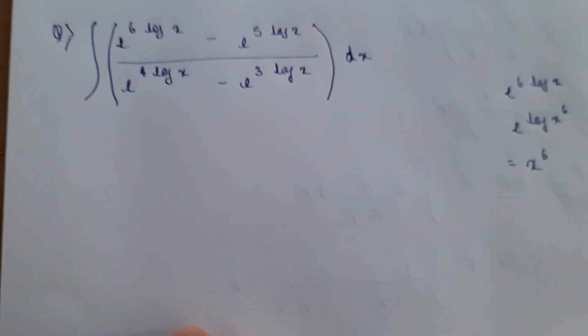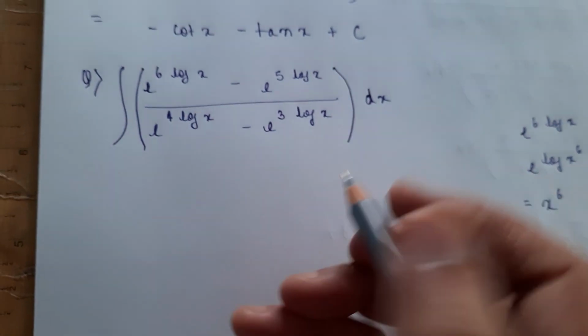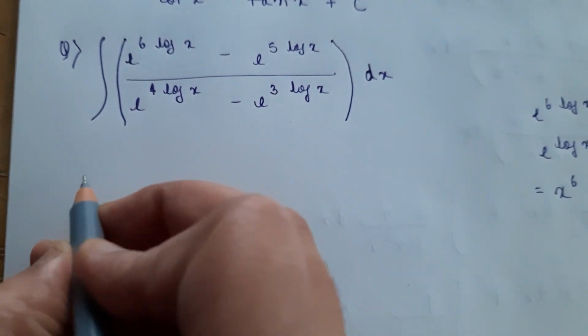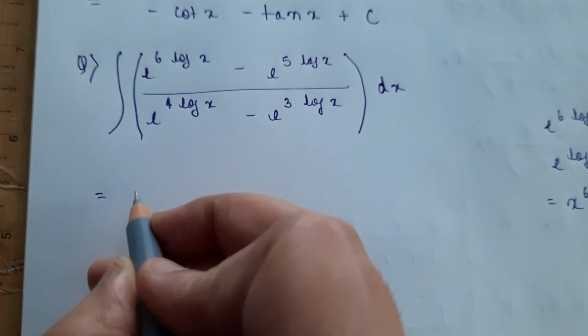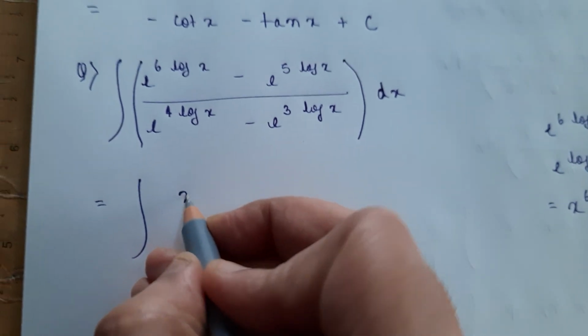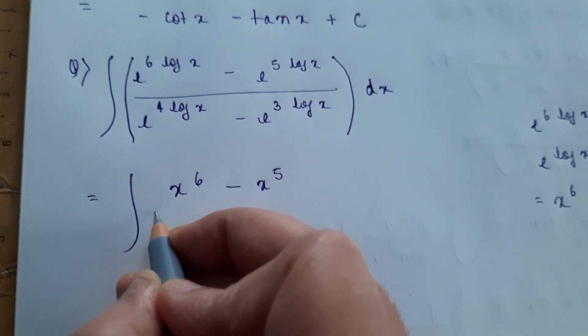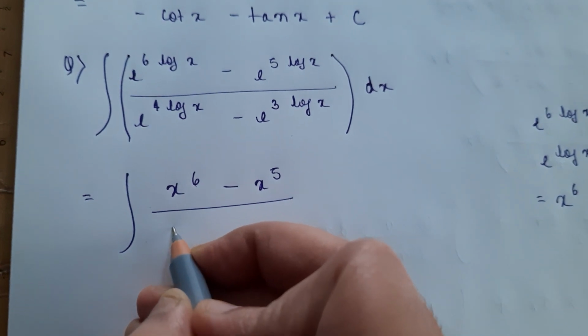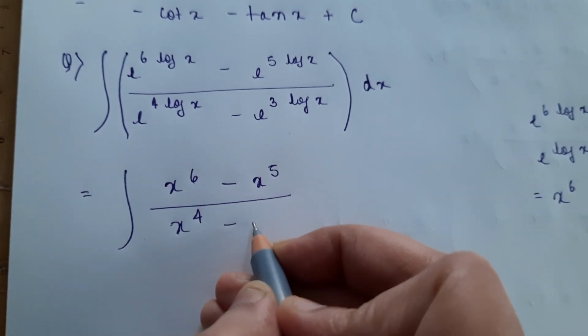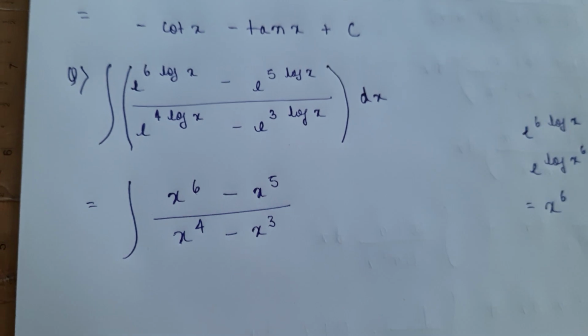Okay. So here we can directly put it as x to the power 6 minus x to the power 5 divided by x to the power 4 minus x to the power 3.